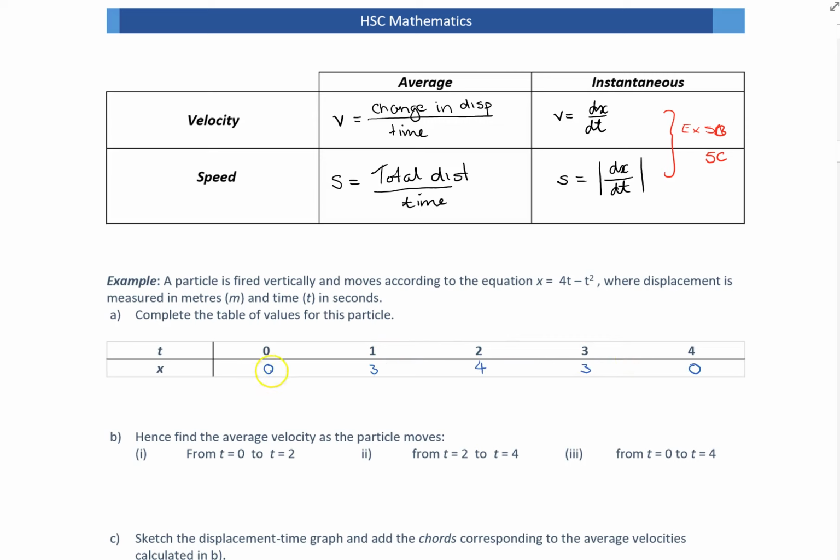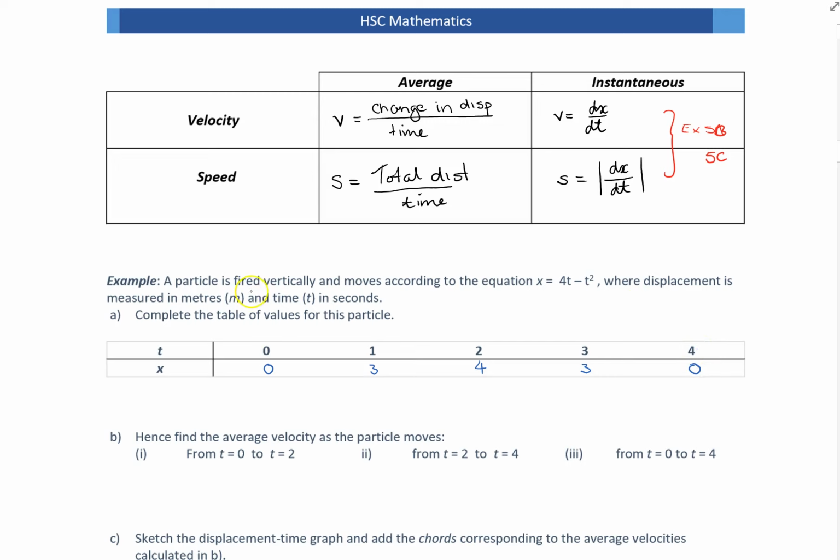So you can see that all I've done is I've substituted t equals 0, and I got 0, t is 1 and 3, t is 2, but 4. When t was 3, I came back to 3, and when t was 4, I came back to 0. Let's see if we can get a bit of an understanding of what's going on here.